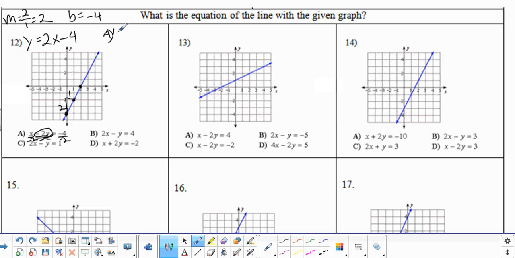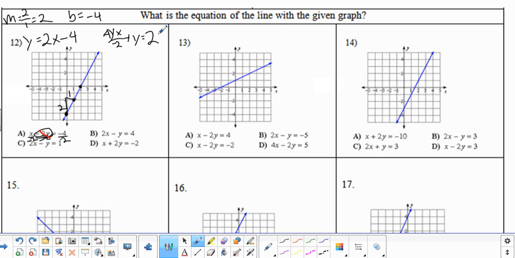I'm going to put a 1 in front of that x so I can see that that's really a 1 over -2, -1/2 x. -2 divided by -2, those cancel out because -2 divided by -2 is +1, so that's plus y, equals -4 divided by -2 is actually +2.